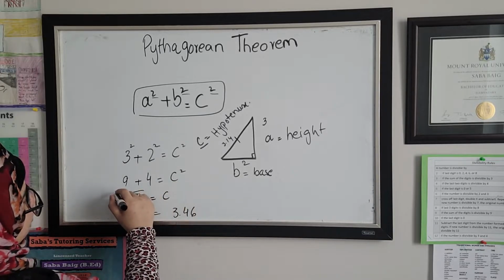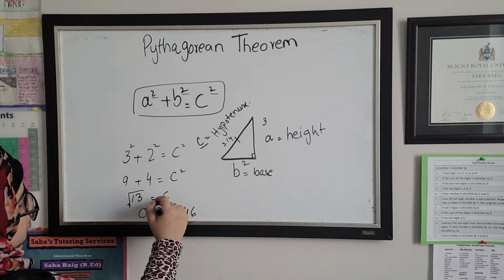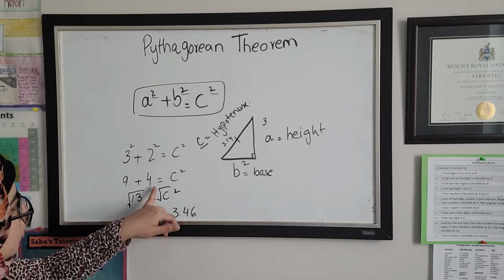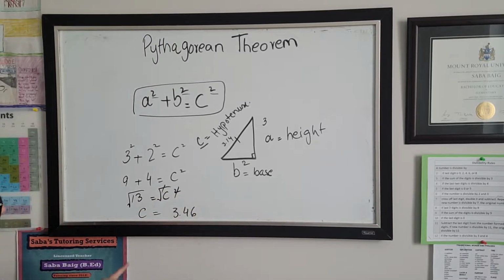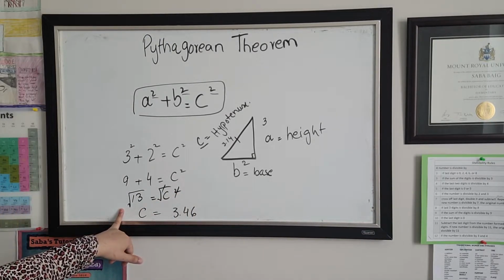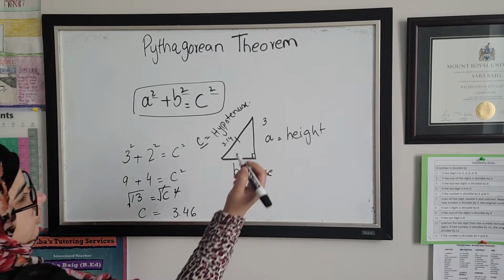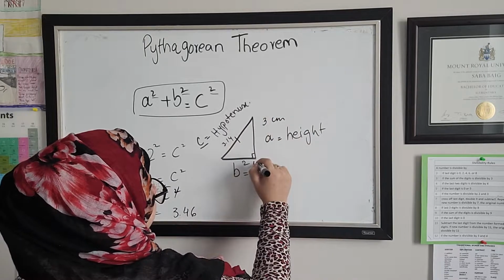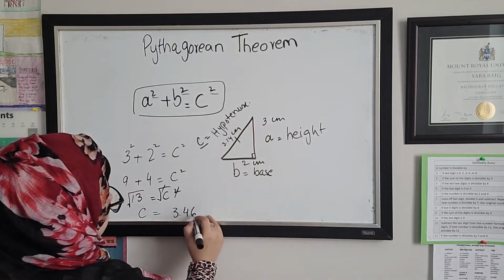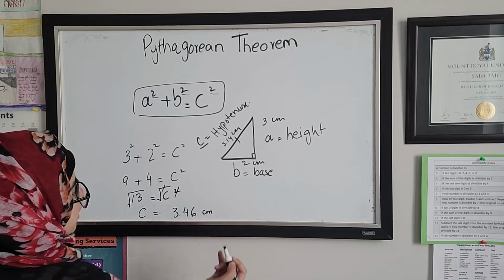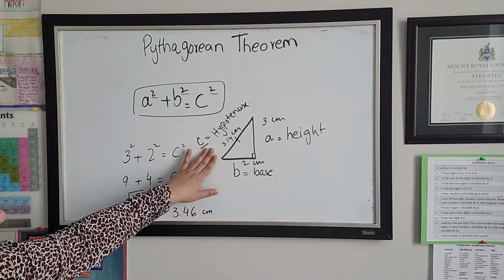If you do the square root on both sides, the square root is cancelled by the square and you're just left with C. So the square root of 13 is 3.61. If the unit is centimeters, then this is 3.61 centimeters. This is the measurement of this side.